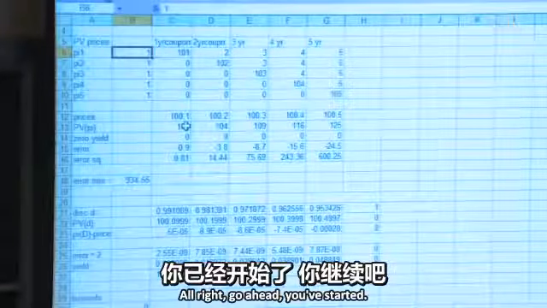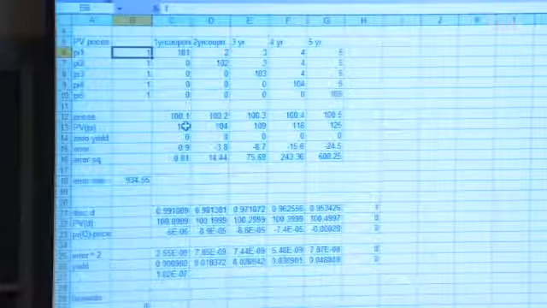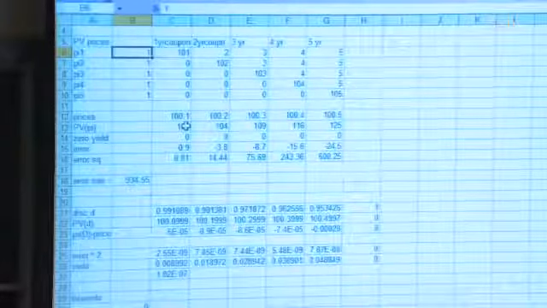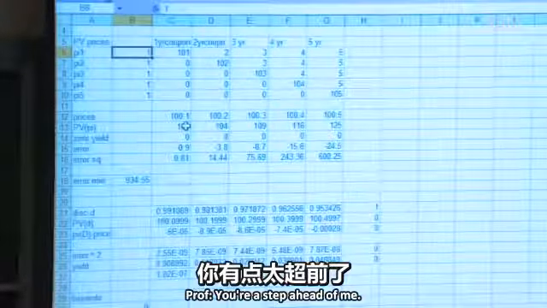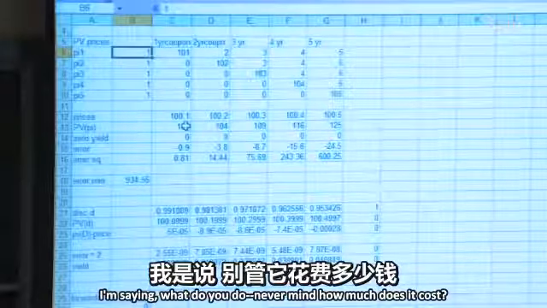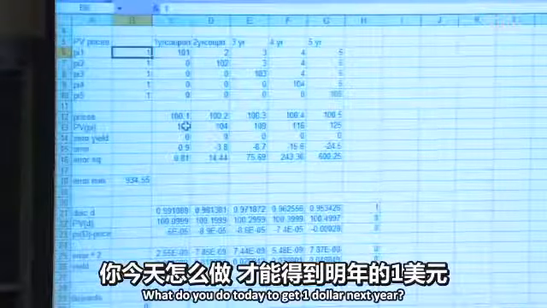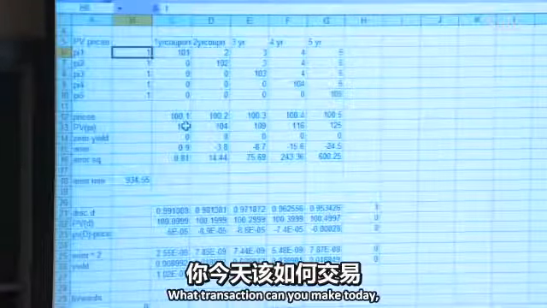All right, go ahead. You start. A 2-year bond. It's next year, 1 year from now. I'm asking you, you're a step ahead of me. I'm saying, what do you do, never mind how much does it cost, what do you do today to get $1 next year? What transaction can you make today?